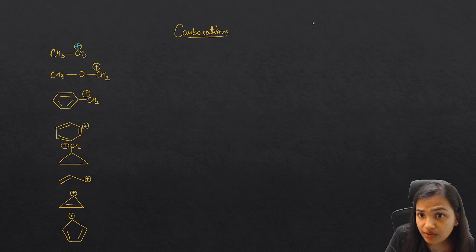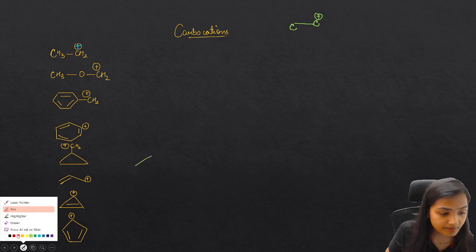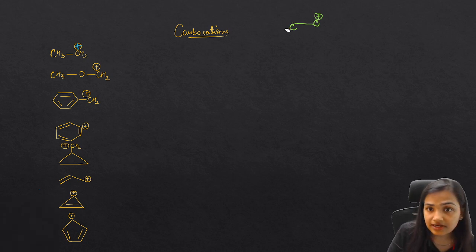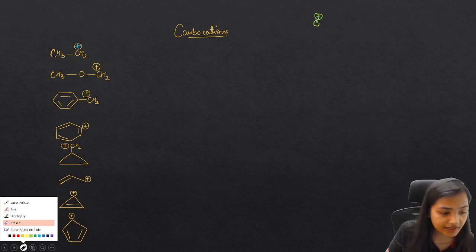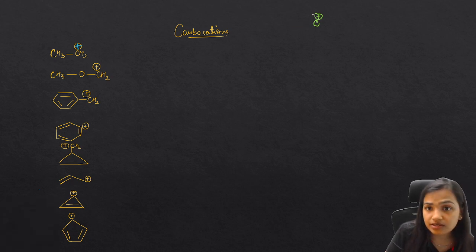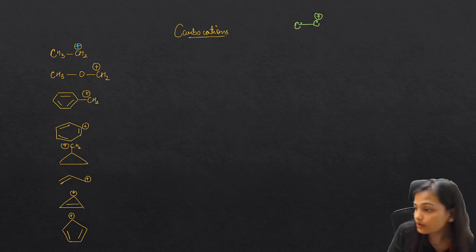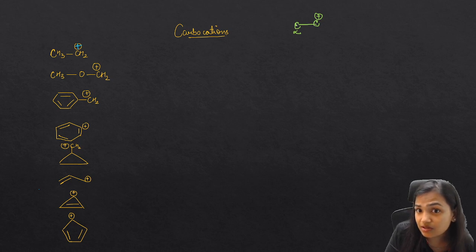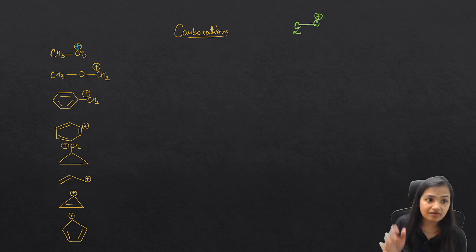If you are looking at any carbocation, please look at the alpha carbon. That is the carbon which is directly attached to the carbocation. I'm talking about this particular carbon. This is the nearest neighbor atom. So this is my alpha carbon. Look at the alpha position.